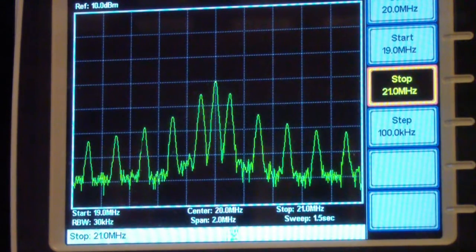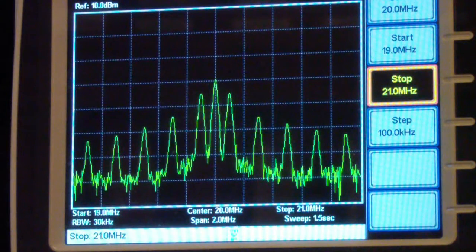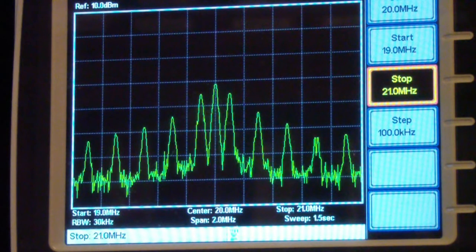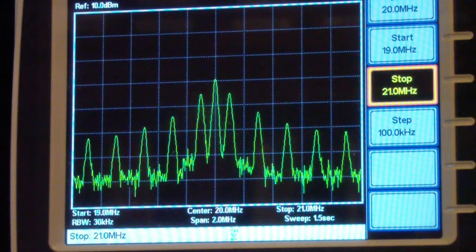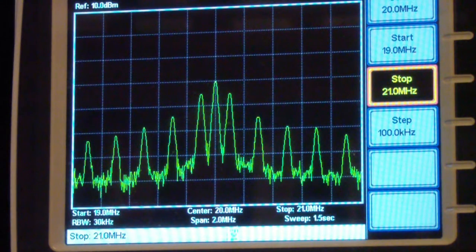So, what I was wondering is, was there an easy, economical way to expand the frequency range of the Analog Discovery 2?